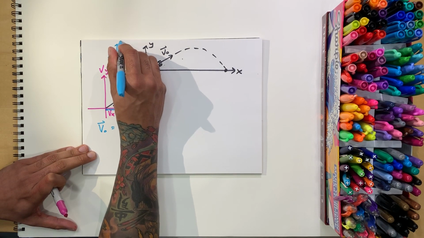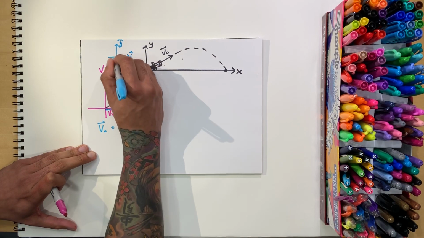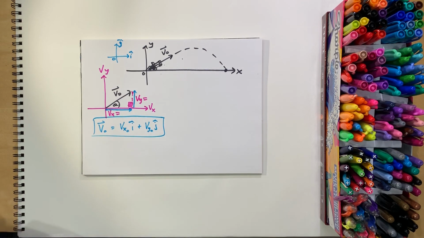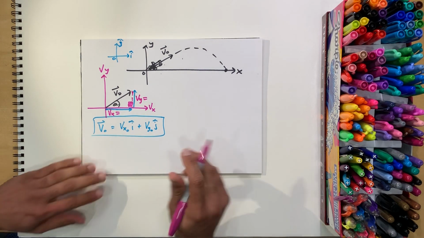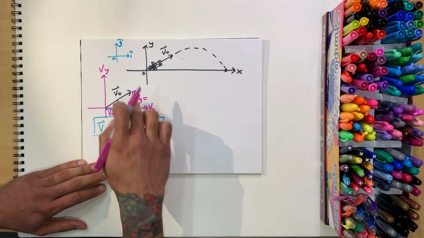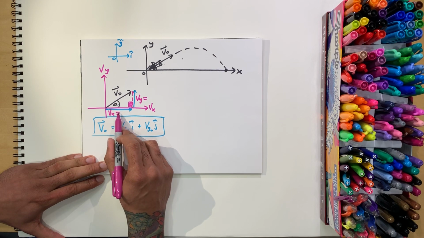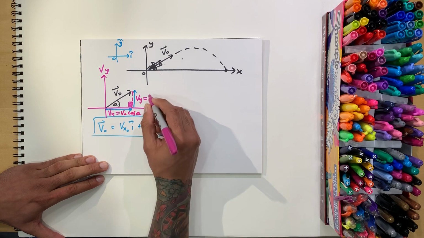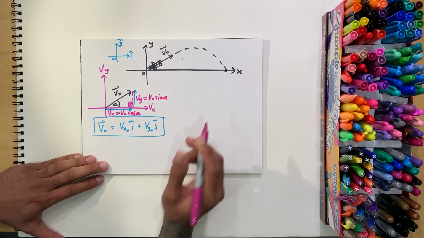Okay, remember that j hat is the y and i hat is the x. Okay, just more stuff to confuse you. All right, so we have these two things. Okay, so from the previous examples, I did some of the trig stuff here, and so for the vx, we have v initial cosine theta, and for the vy, we have v initial sine theta.